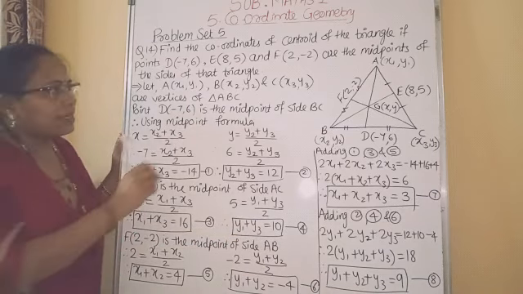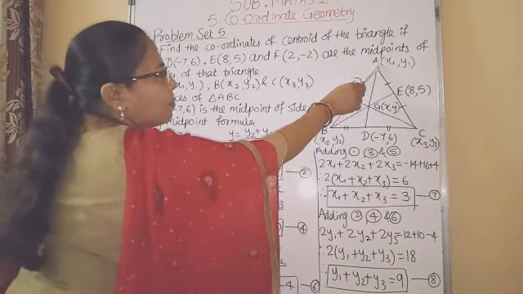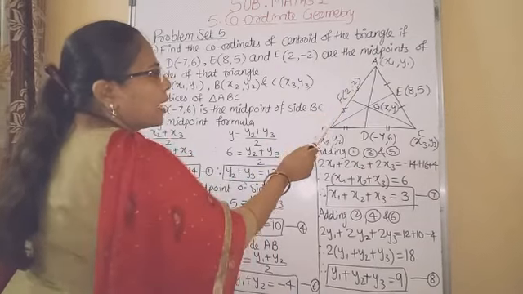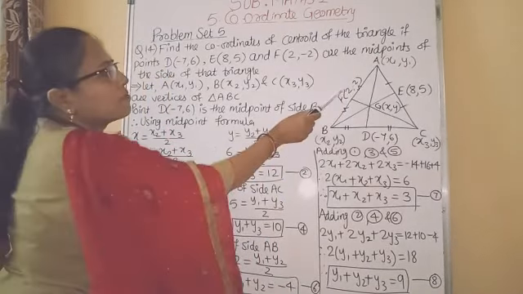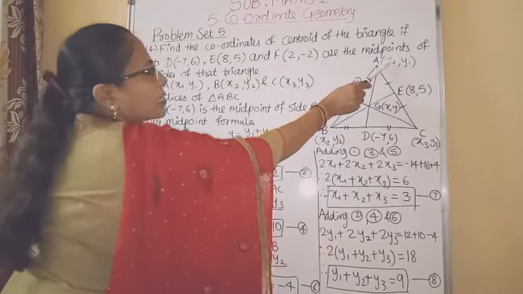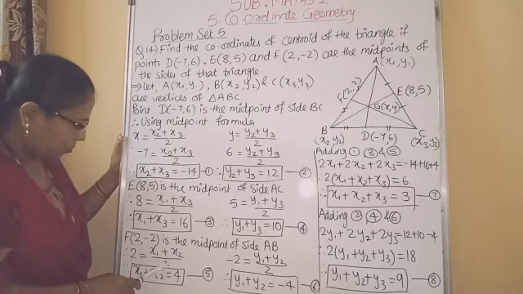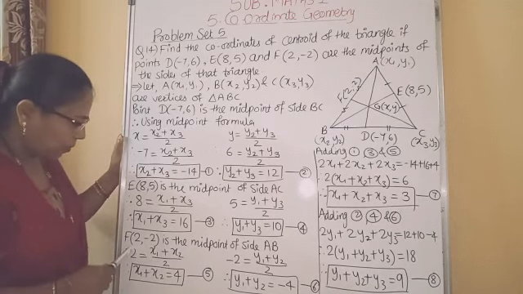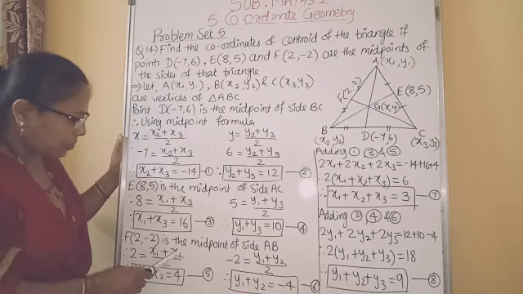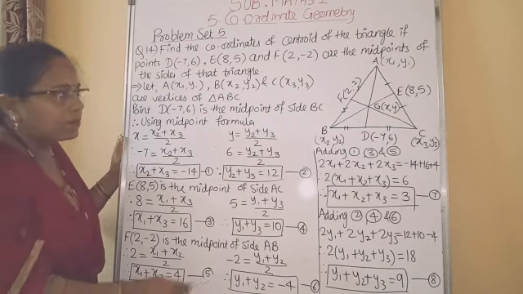Now third, F(2, -2) is the midpoint of segment AB. So for its x coordinate, 2 is equal to (x1 plus x2) upon 2. The 2 is multiplied across, 2 into 2 is 4. So x1 plus x2 is equal to 4. This is our equation number 5.